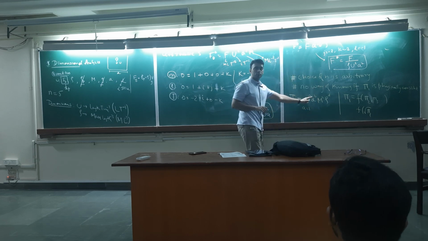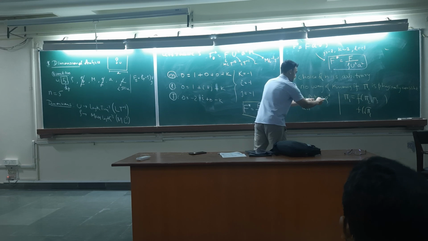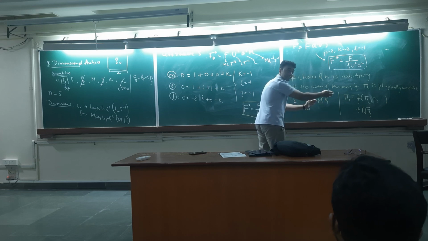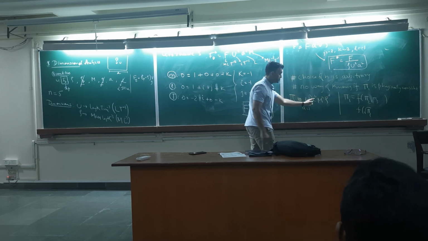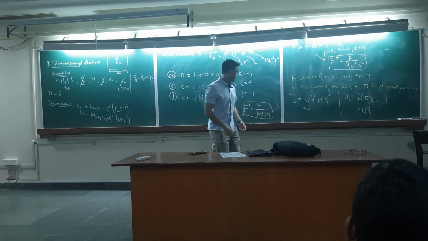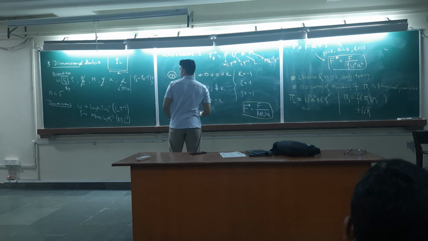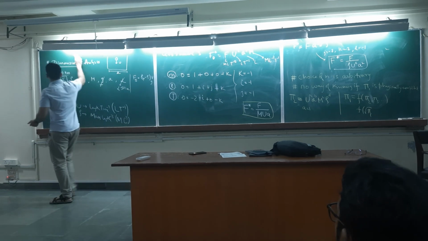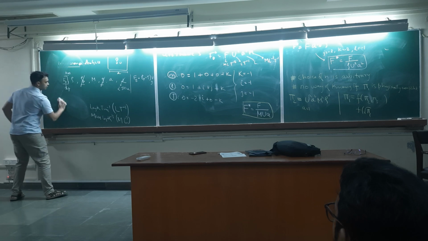So if you take A is equal to 1, then since you have MLT, can this relationship tell you what is B, C, D? Right? That's fine. You can start doing it.